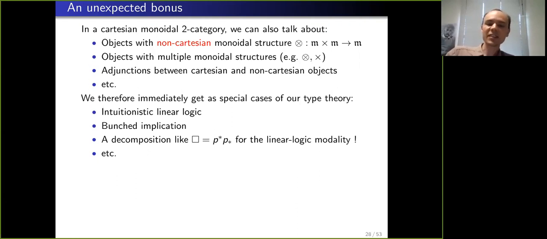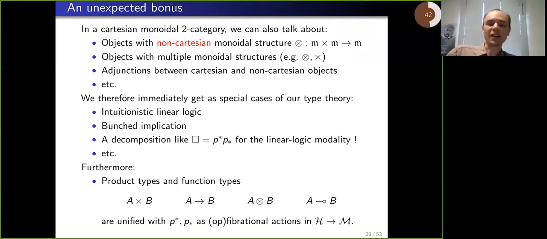And it's especially nice because the product types and the function types, whether it's Cartesian products or non-Cartesian tensor products or linear function types or nonlinear function types, also get unified with these p upper star and p lower star coming from these sort of adjunctions or geometric morphisms.